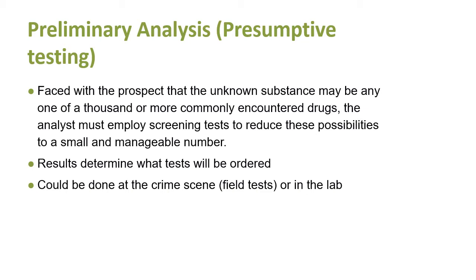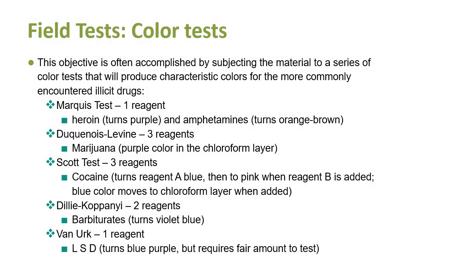It might be one of these 5 compounds instead of one of 1,000 compounds. And many times these presumptive tests can be done as color tests in the field. So in the field, we will do these different color tests. These are examples of reagents that can be mixed with the chemicals to try to determine an initial analysis of what it probably is or possibly is.